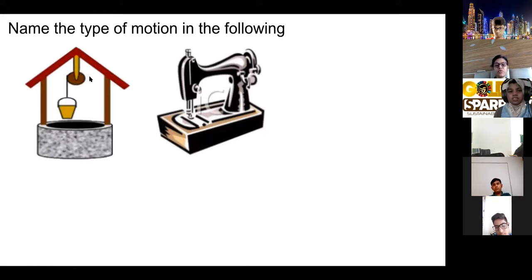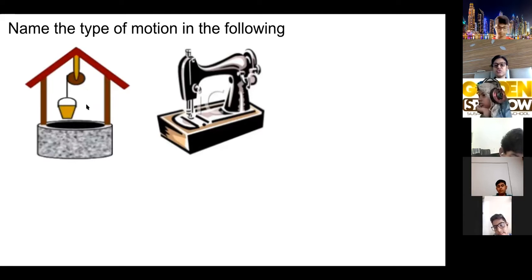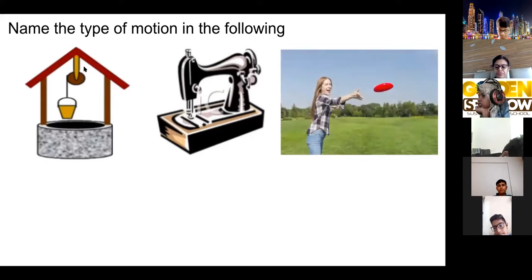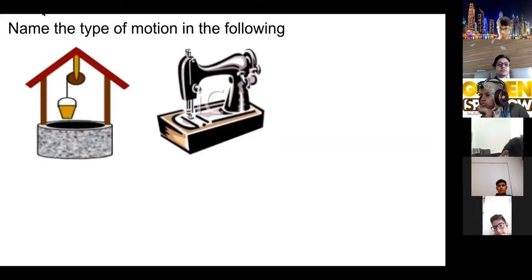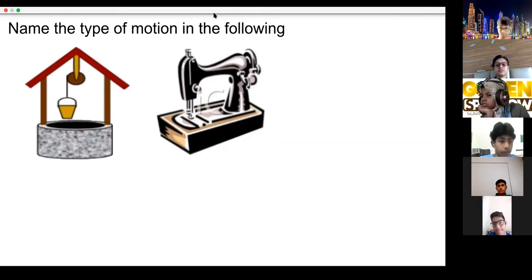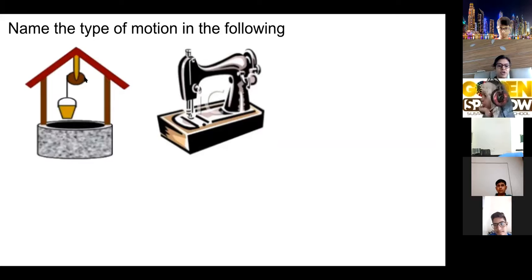It is called a pulley, and it makes your work easier, right? It is a simple machine. How does it make your work easier? It is easy to pull the bucket of water through the pulley, because you are pulling from this side.